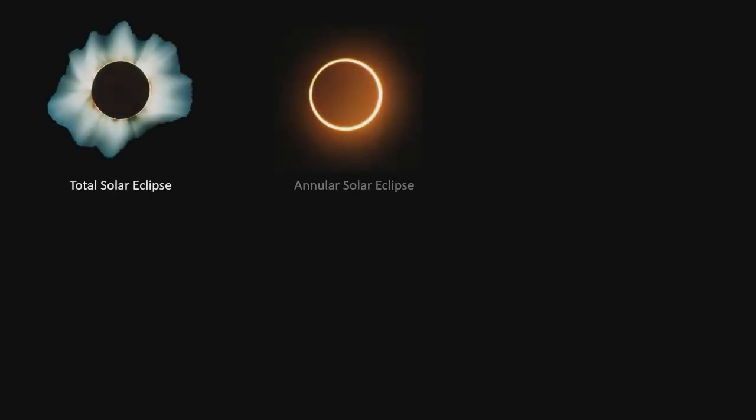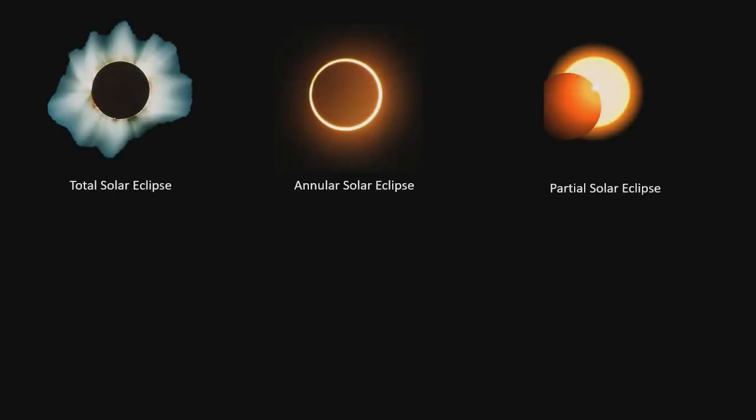There are 3 types of solar eclipse: the total, annular, and partial solar eclipse. When we speak of total solar eclipse, the moon disk covers the sun because, as viewed from the Earth, the moon disk and the sun apparently have the same size.